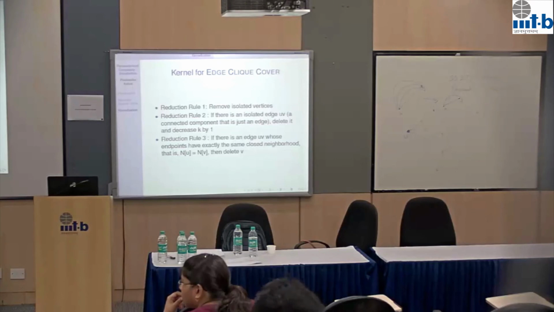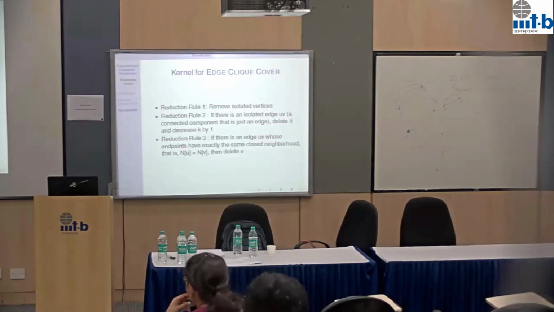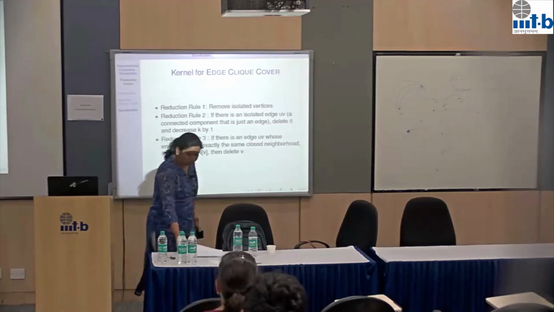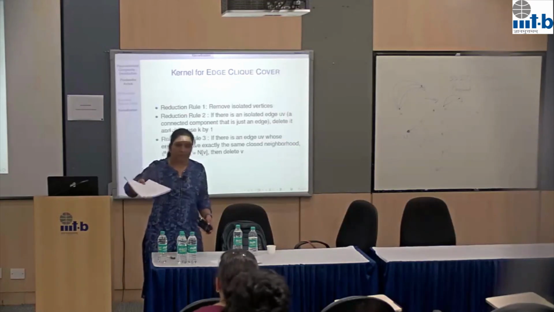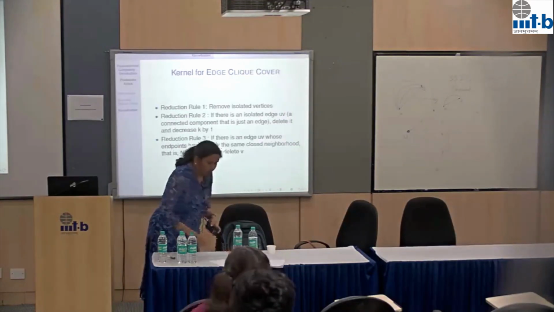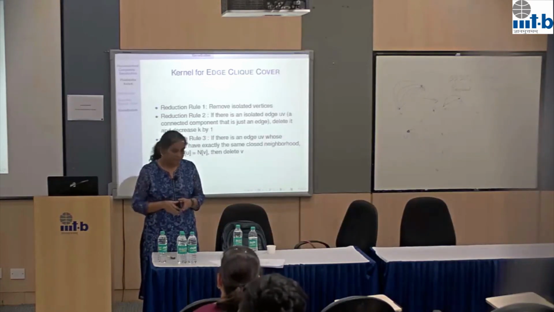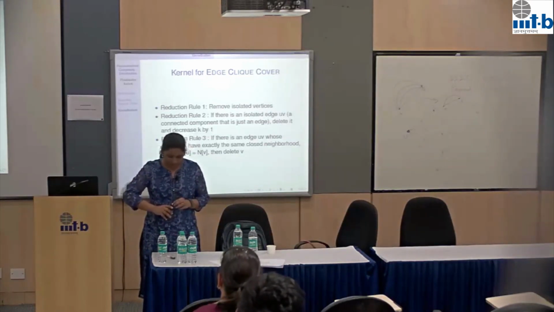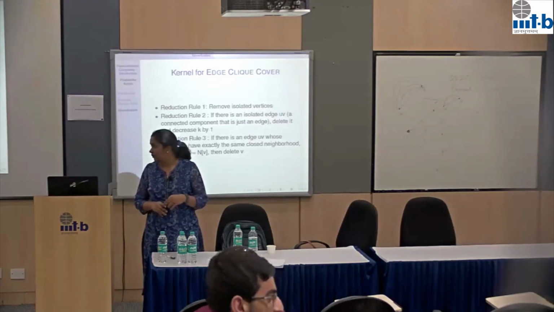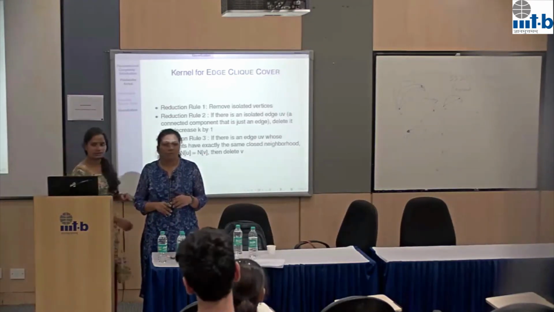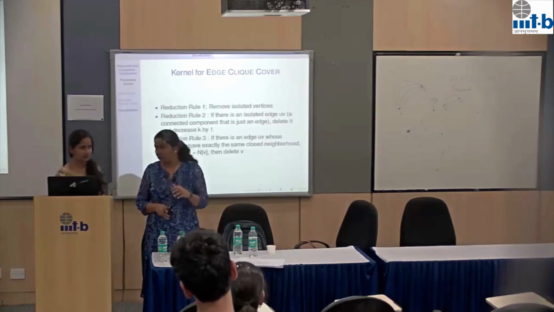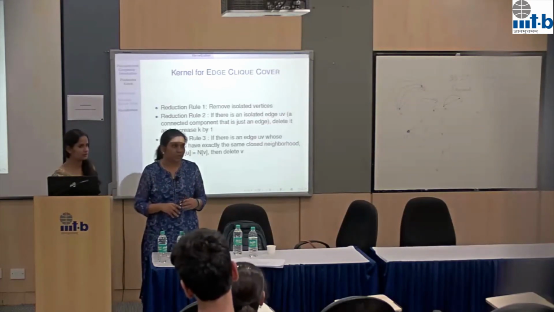So there are some problems. You can take this and try solving it. We'll hopefully discuss it in the last lecture. So this is on bounded search tree and kernelization. Next class we'll think about this problem, and we'll start with a new topic.